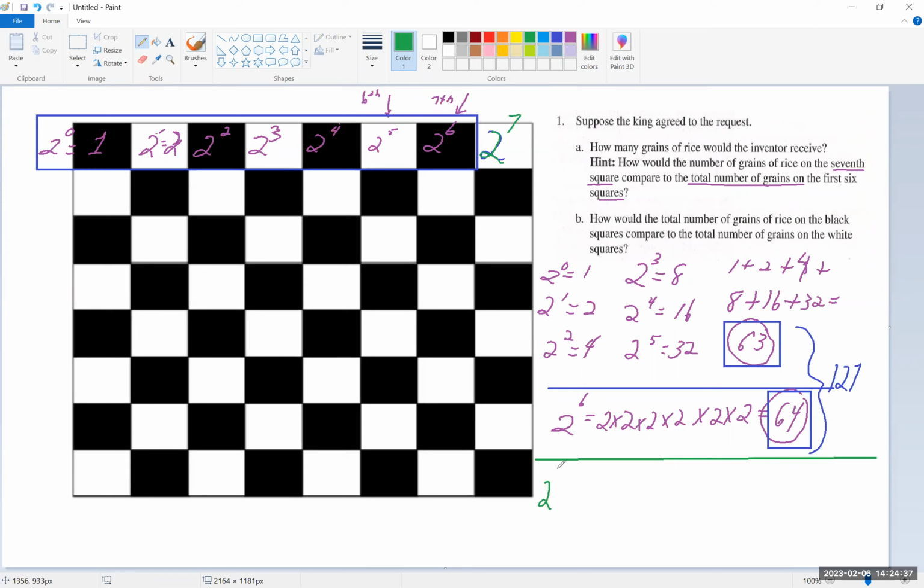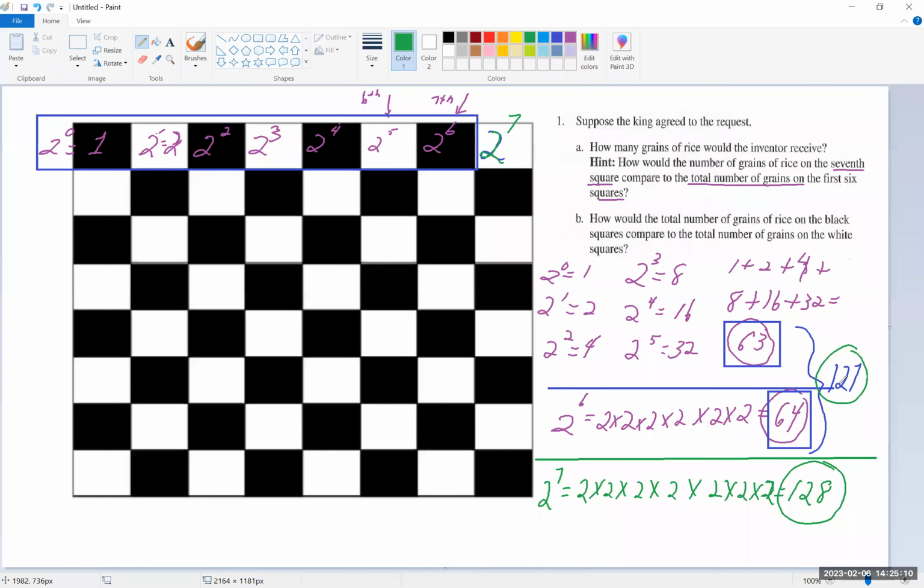So 2 to the 7th is 2 times 2 times 2 times 2 times 2, 1, 2, 3, 4, 5, 6, 7. That should be a 2 there. Well, it's 64 times 2, which is 128.